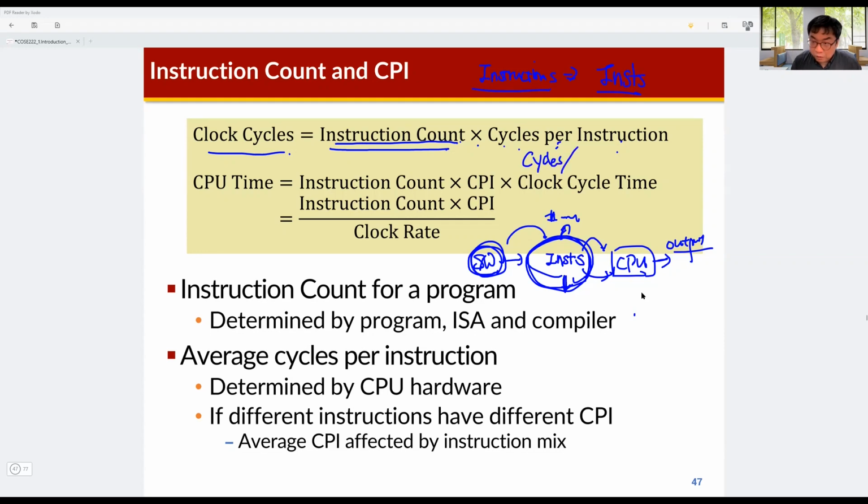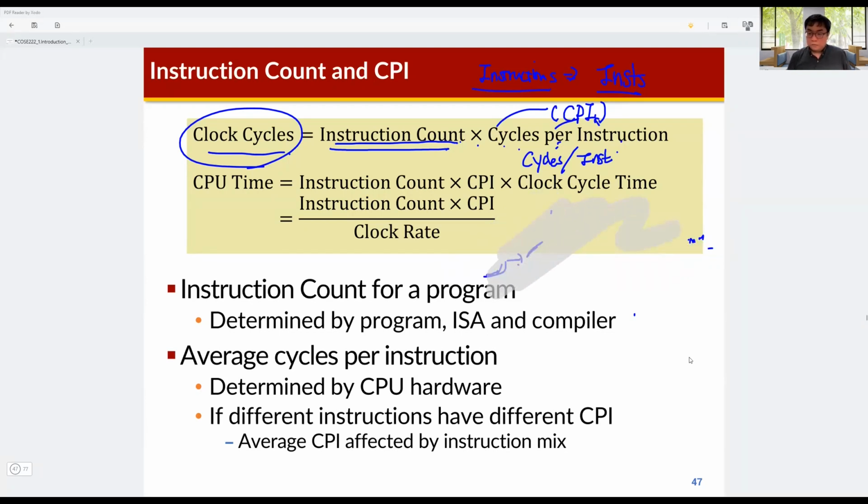Cycles per instruction means the required clock cycles to execute one instruction. Then we can easily calculate the clock cycles: we can rewrite the clock cycles as instruction count multiplied by clocks per instruction, and this is called the CPI, clock cycles per instruction.